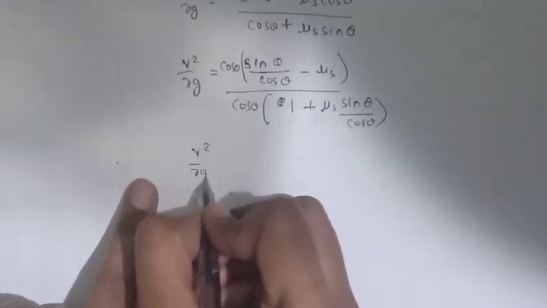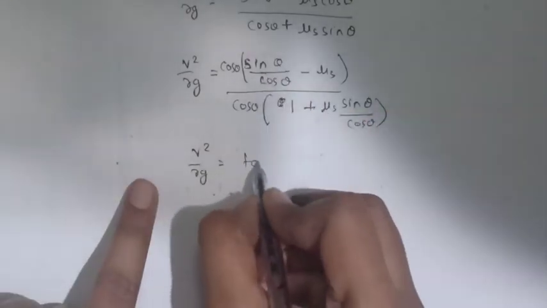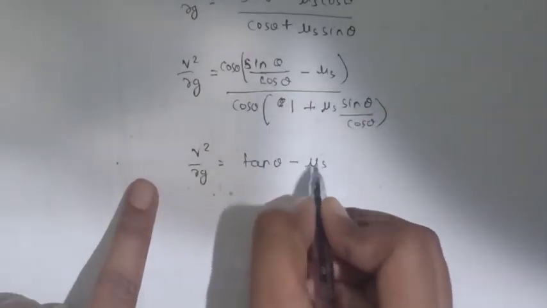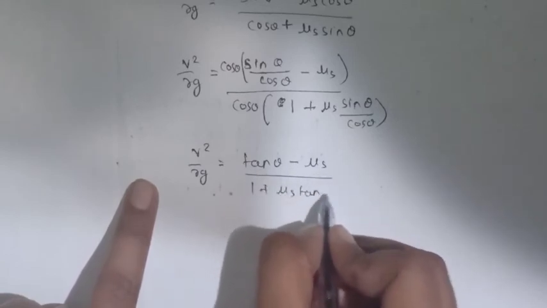As you know, sin theta by cos theta is nothing but tan theta. Cos theta will be cancelled. So tan theta minus mu s divided by 1 plus mu s tan theta.